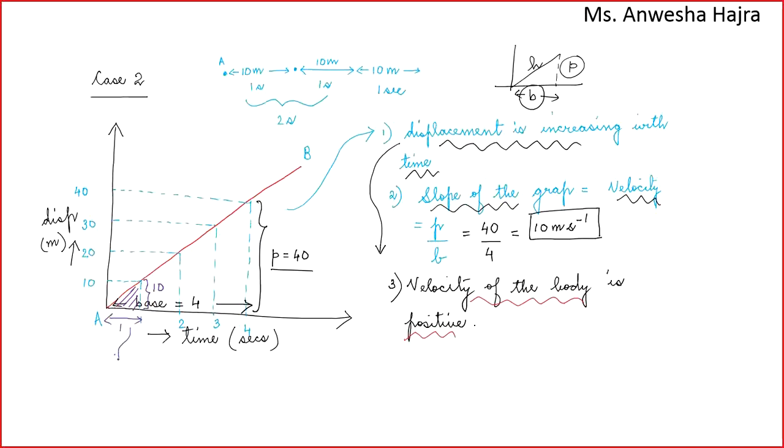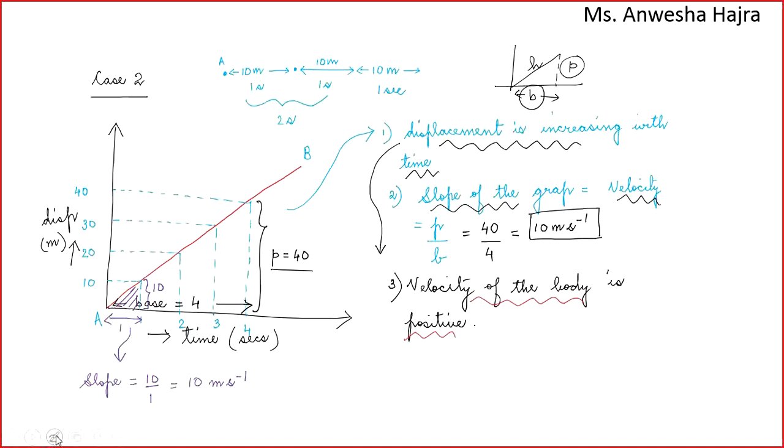Then also the answer will come the same. For a straight line, slope does not change. So in this case it is 10 by 1, which is 10 meter per second. You can take a small triangle, you can take a big triangle, doesn't matter.